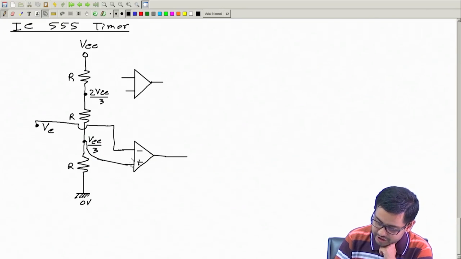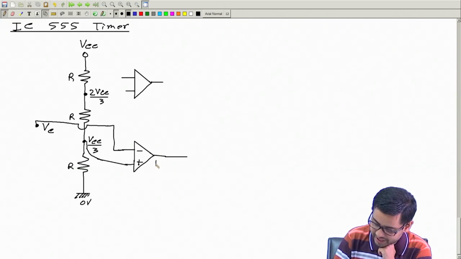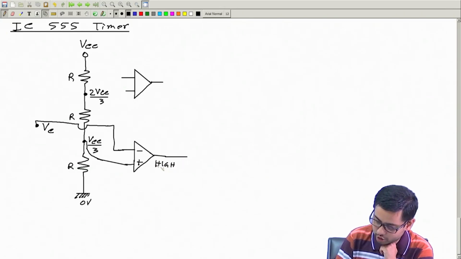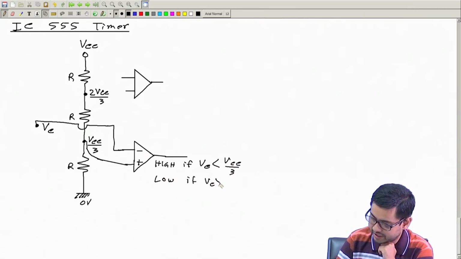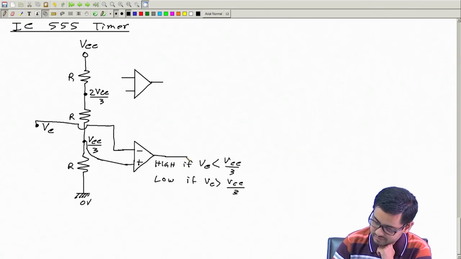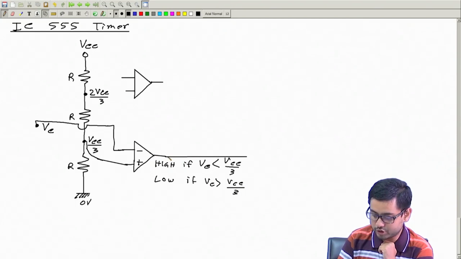Now, this output will be high if the negative input is low, that means if VC is less than VCC by 3, and that also means this will be low if VC is greater than VCC by 3. This is what this will tell me.